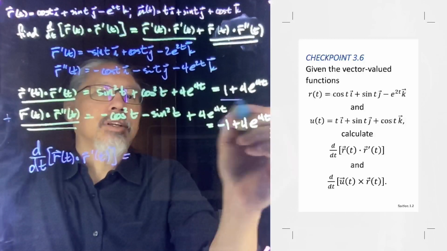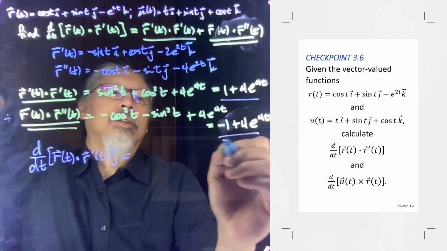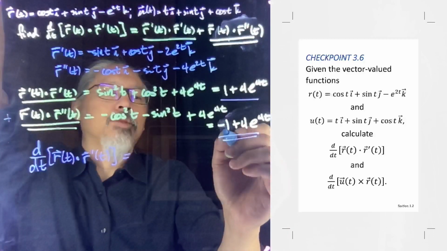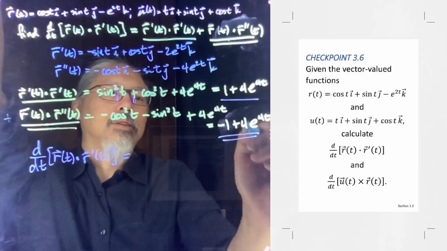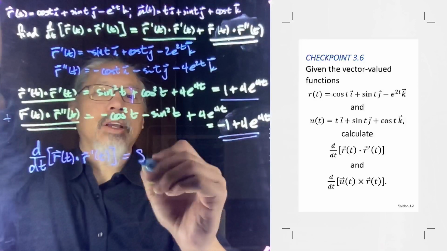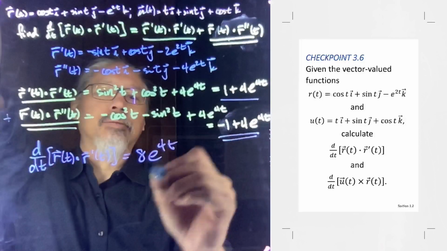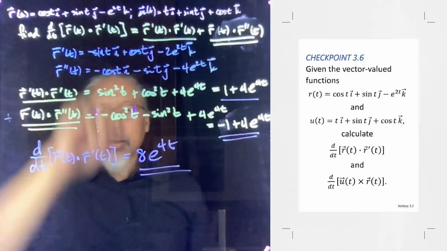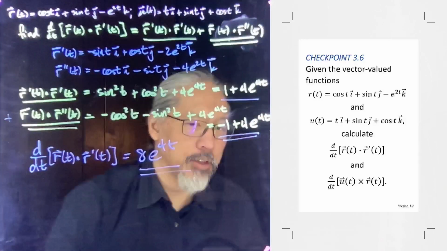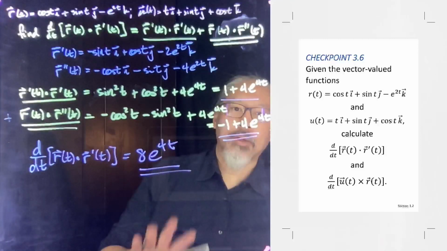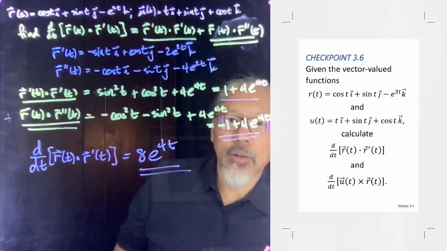That's going to be the sum of these two, and if we add them, we have a -1, -1 is 0, and then we have a 4 plus 4 is 8 with the same like term, e to the 4t. Okay, that should be your solution for this one. The next one will need a little bit more space, so we'll clear this out and we'll have checkpoint 3.6 part 2.